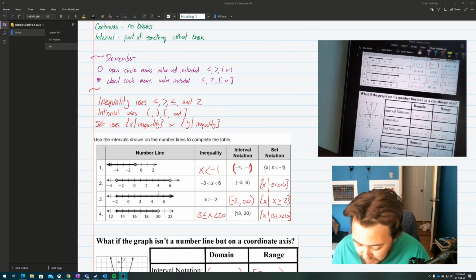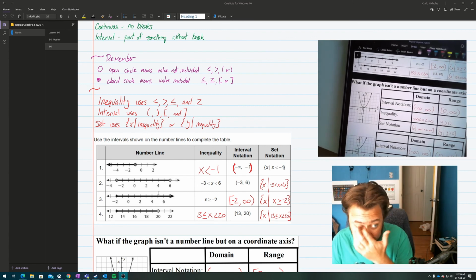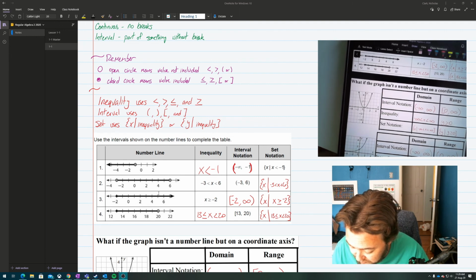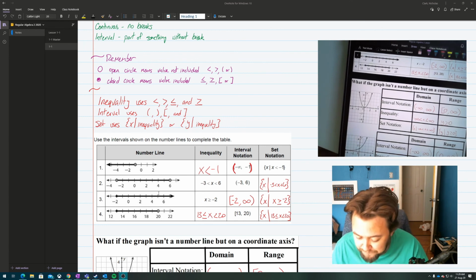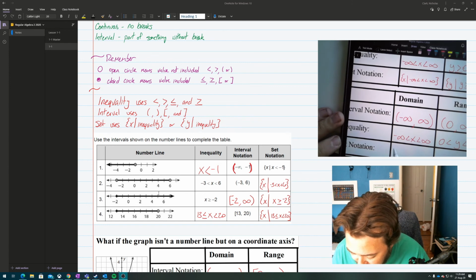Cool. My inequality for this is going to be negative infinity, x, and infinity. The range will be from 0, y, positive infinity. Pretty straightforward. And the set notation is more or less just copying the inequality.